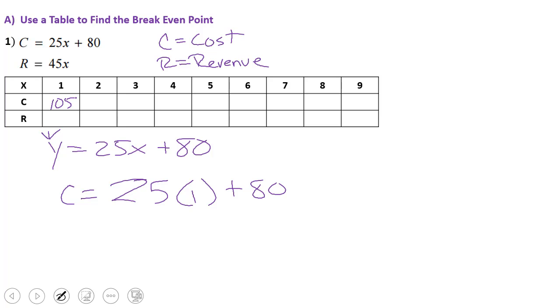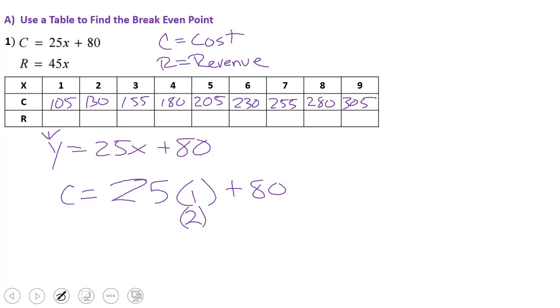And then we're going to keep going on. We're going to put in a 2, and you're going to get 130. And you're just going to keep going. You get 155. You get 180 when you put in 4, 205 when you put in 5, 230 when you put in 6, and so on until you're done here.